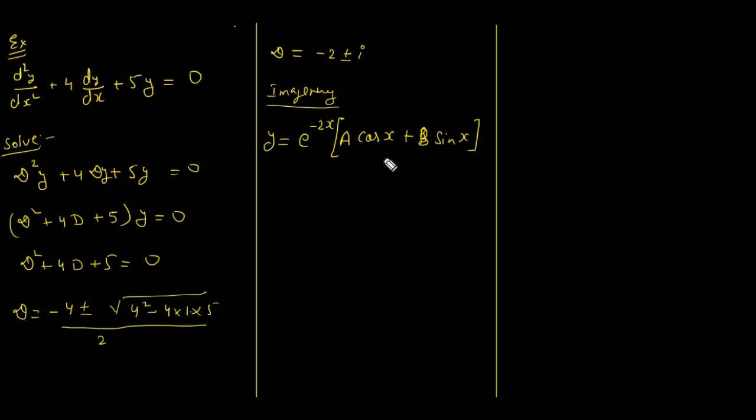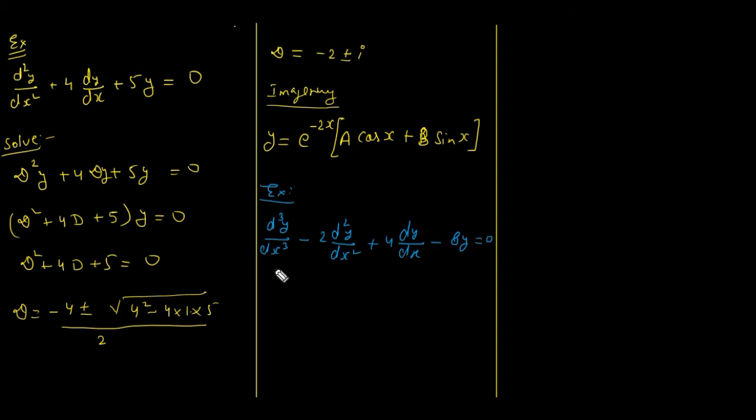Let us take some more examples. Let us take a little different example. d3y by dx cube minus 2 d2y by dx square plus 4 dy by dx minus 8y.